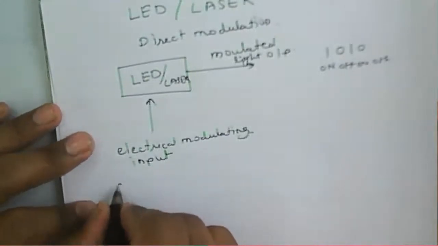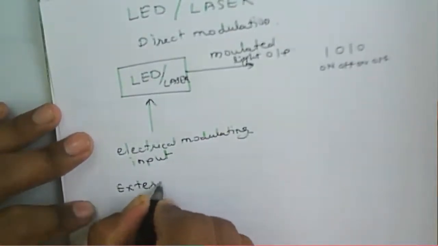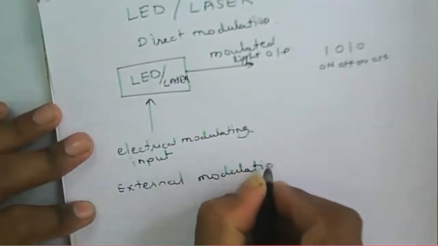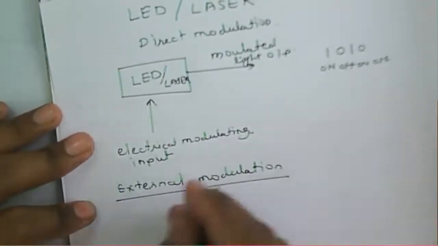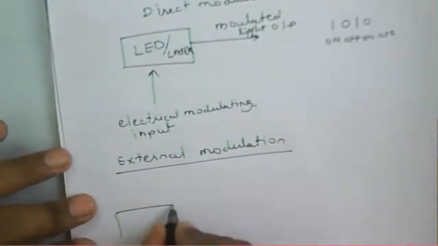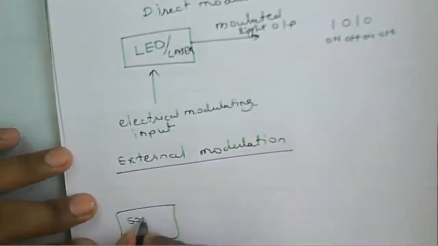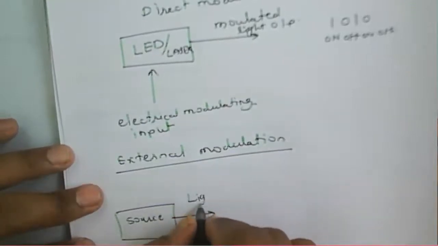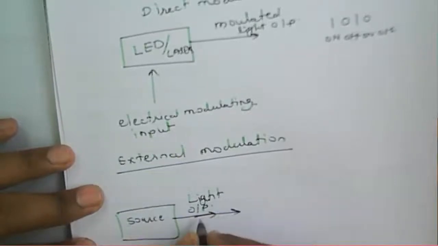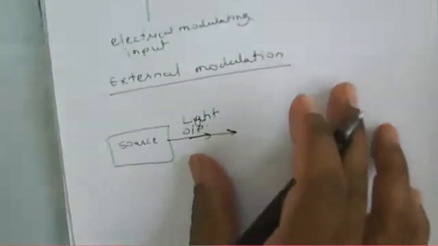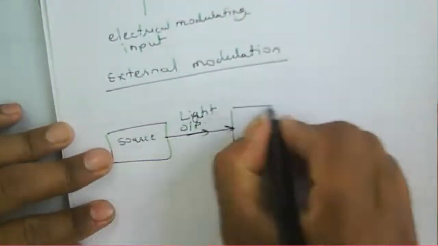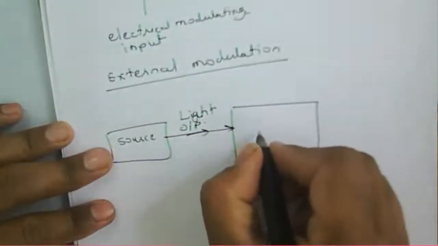And another is what we can say an external modulation. In the external modulation, we have the source, and the source will generate a light output. And then the light output is converted using the modulator here.